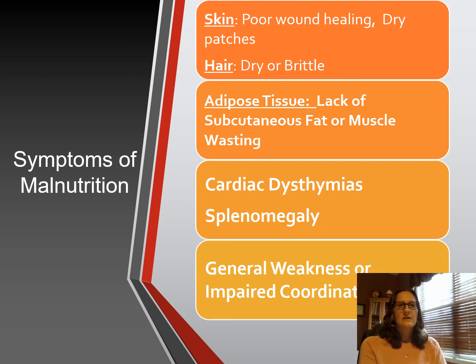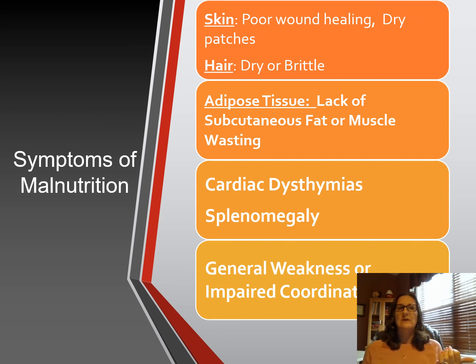Looking at their fat or adipose tissue, we typically see a lack of muscle, a lack of subcutaneous fat, and in the muscle, you can tell that the muscle is wasting.